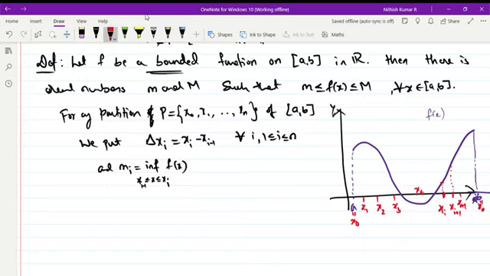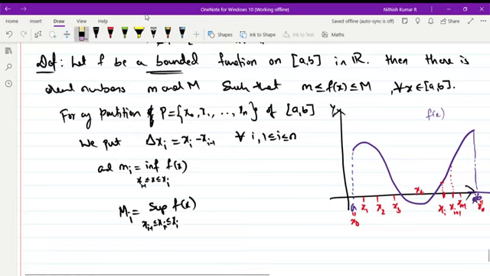Now capital Mi is nothing but the supremum of f(x) in the interval xi-1 and xi, where x is between xi-1 and xi. There is a small correction: let's say this is xi-1 and this is xi.